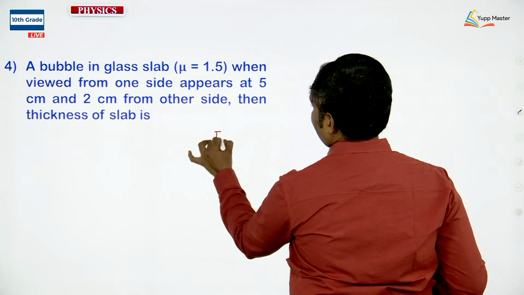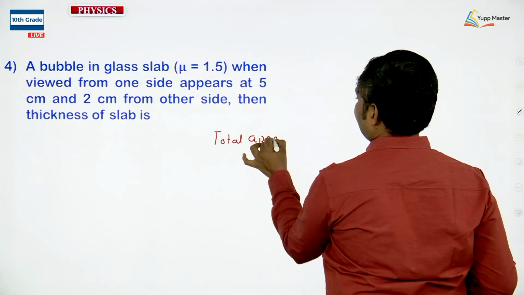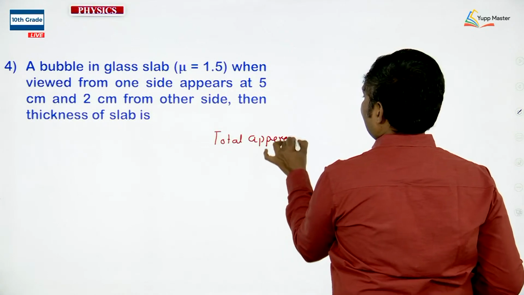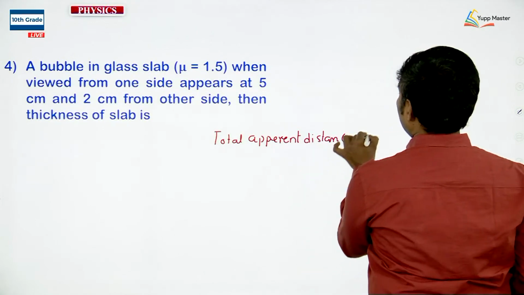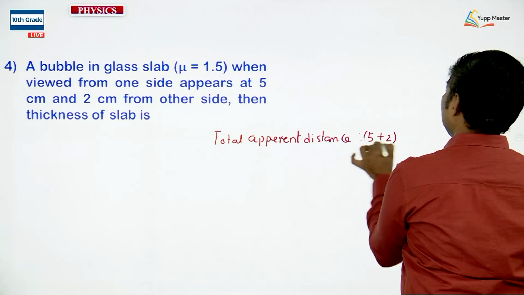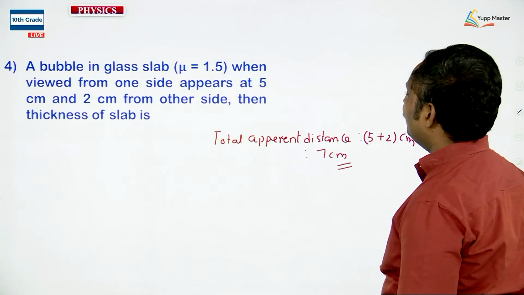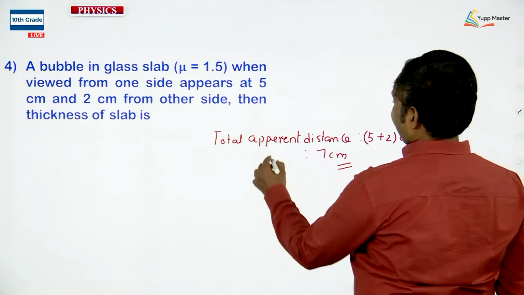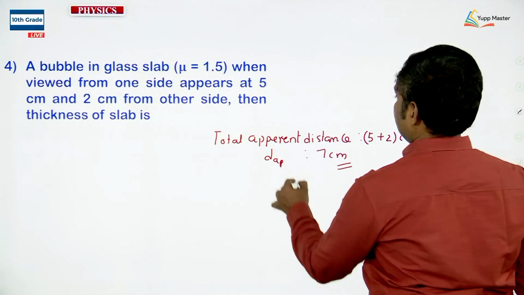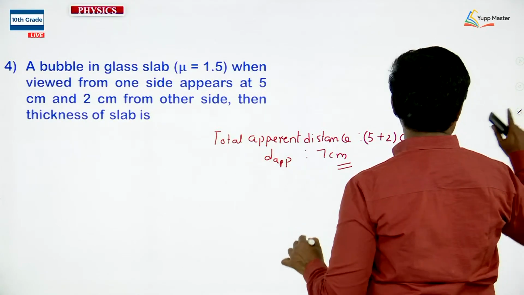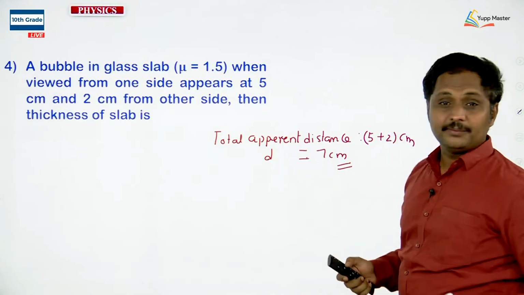The total apparent distance is going to be 5 plus 2 centimeter, that is 7 centimeter. So D apparent is equal to 7 centimeter.